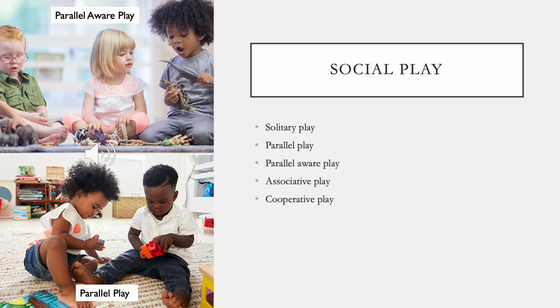So I'm playing next to my peer in the parallel sense, but I'm aware of what they're doing and we're exchanging ideas without having to communicate or interact in a cooperative sense with one another. There are conversations and intentional interactions that are not quite developed, but they're in that in-between state, and there's that awareness, as I was mentioning.